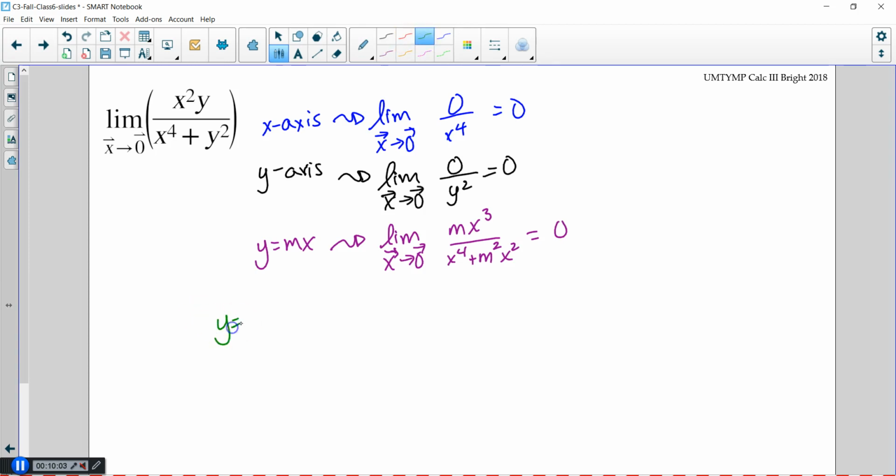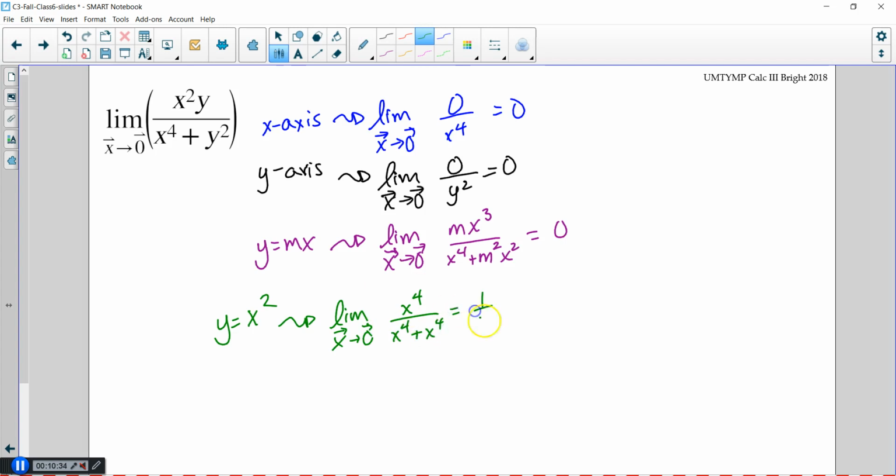I'm going to look along the parabola this time. y is equal to x squared. Why did I choose this path? Well, because it's magic and it works. But there is no magic in math. There's a reason. Limit as x approaches the 0 vector, and then you get x to the 4th over x to the 4th plus x to the 4th.